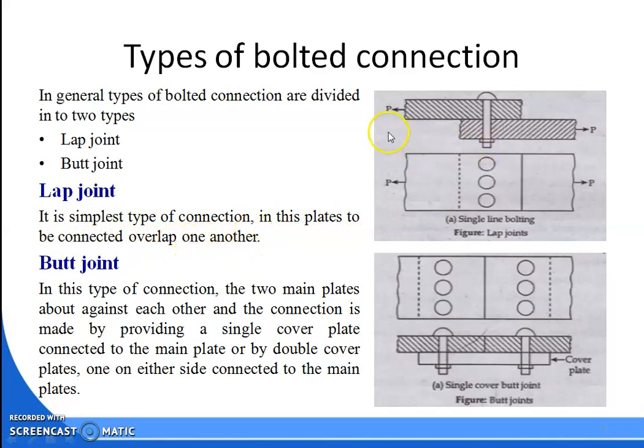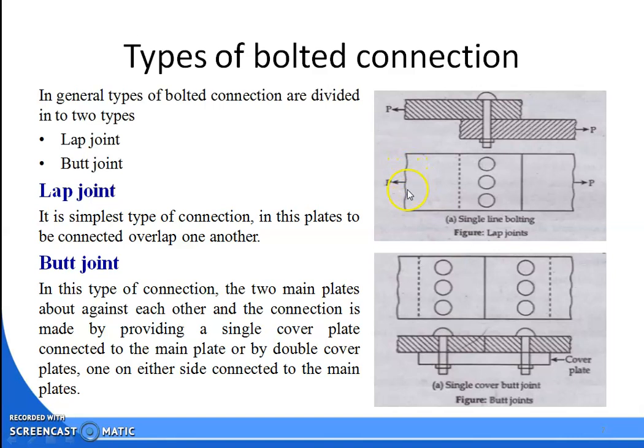You can see a figure here with two plates, one here and another in the lower position. These two plates are connected by overlapping with each other and a bolted connection is fixed. If we see the cross section of this bolted connection, you can see it like this figure.